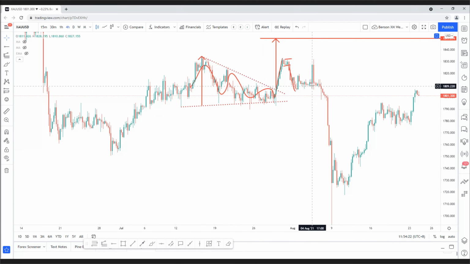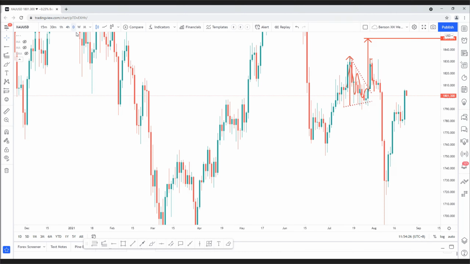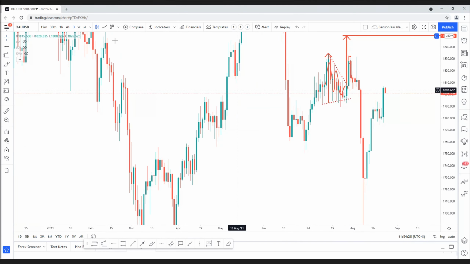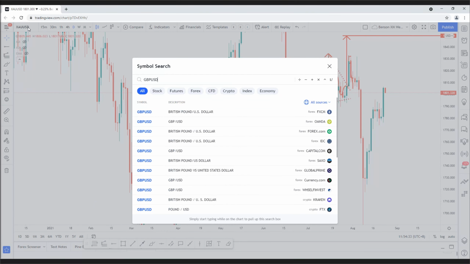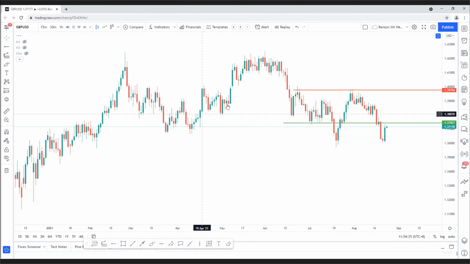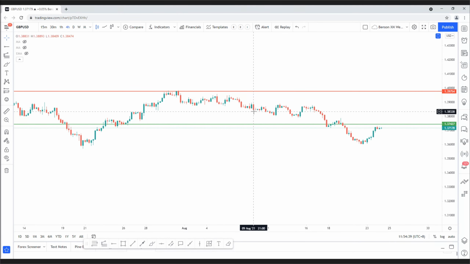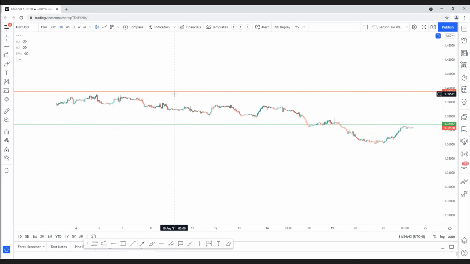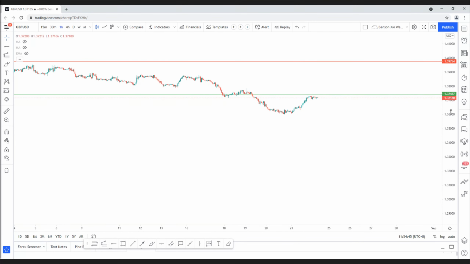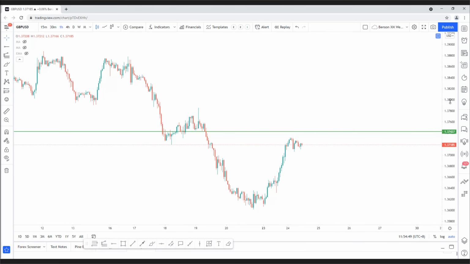Okay, let me try to find a bull flag at the bottom of the price action, so that you guys can have a better view of it. Over here, there might be a slight bull flag.